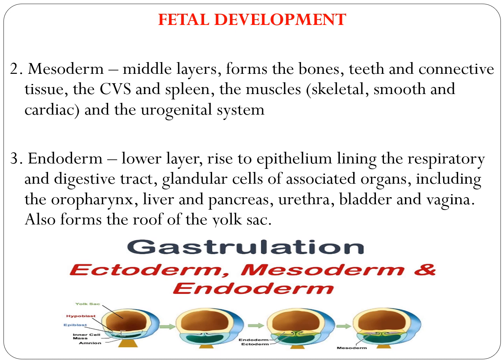The last layer is your endoderm, the lower layer which gives rise to the epithelium lining of the respiratory and digestive tract, the glandular cells of associated organs including the oropharynx, the liver, the pancreas, urethra, bladder, and vagina. It also forms the roof of the yolk sac. Those are the layers that you are particular of, so that our fetal development will proceed.